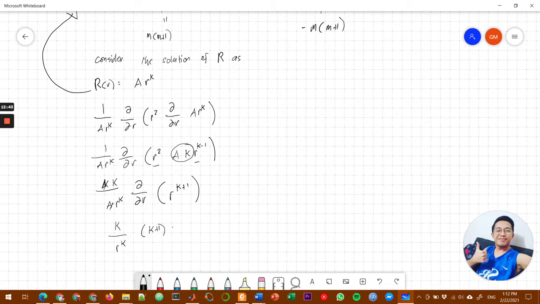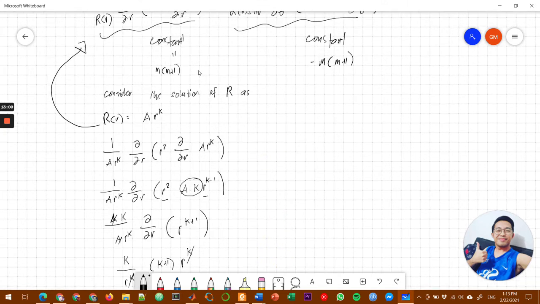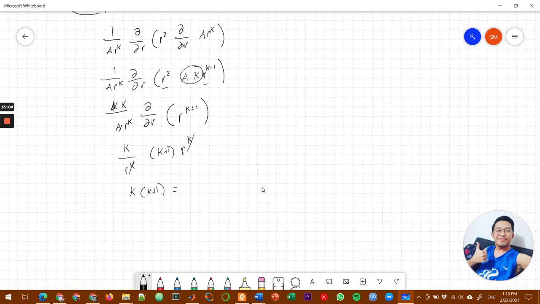Then r to the k. So it cancels. So the result is k plus 1, which is the constant, that m plus 1. Okay? So this would be m plus 1.